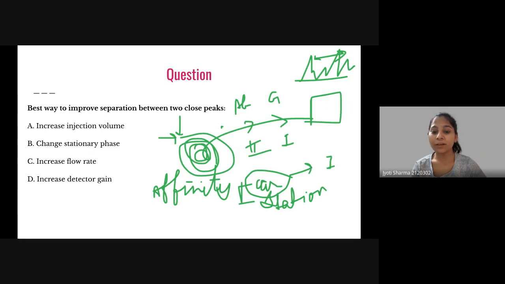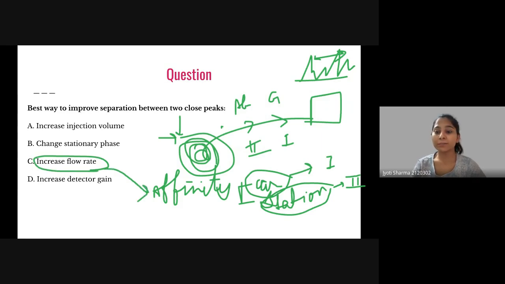If it has more affinity with the stationary phase, then it will go second or last. Whenever we increase the flow rate, it interferes with the affinity. So increasing flow rate should not be the right option for improving the separation.